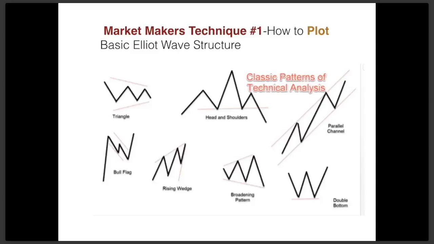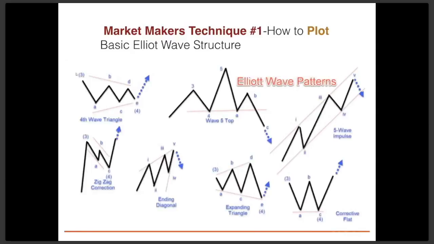All right, traders, so I'm going to show you a few classical patterns of technical analysis. My guess is some of you already know basic patterns like a triangle pattern, head and shoulders, parallel channel, bull flag, rising wedge, broadening pattern, or double bottom, right? So when we apply waves to those classical patterns, we get a much clearer picture of where the market is heading.